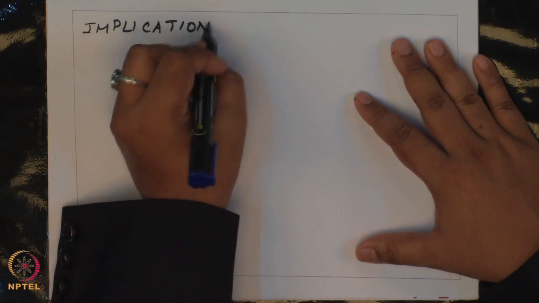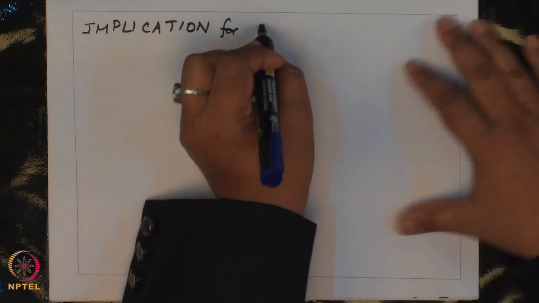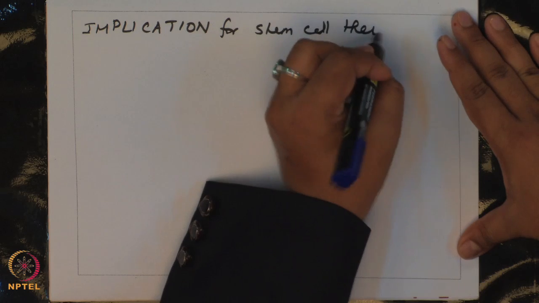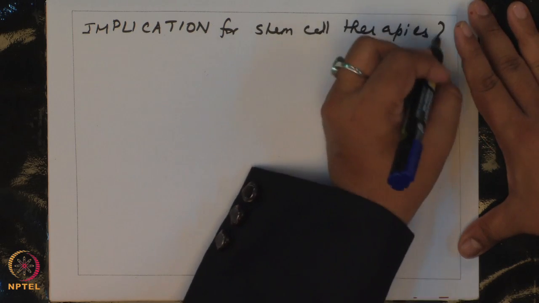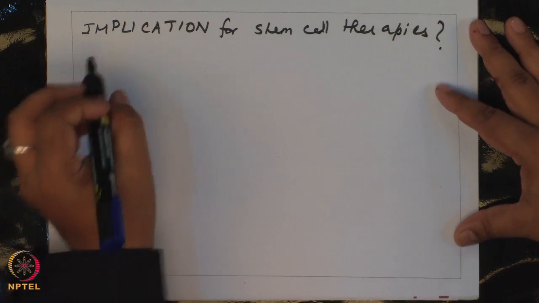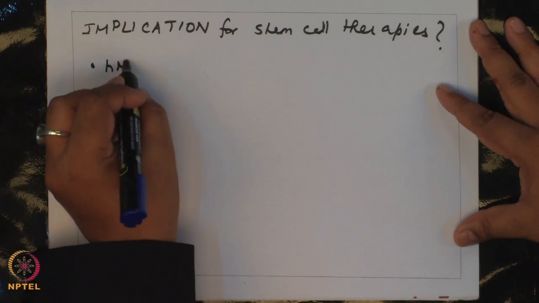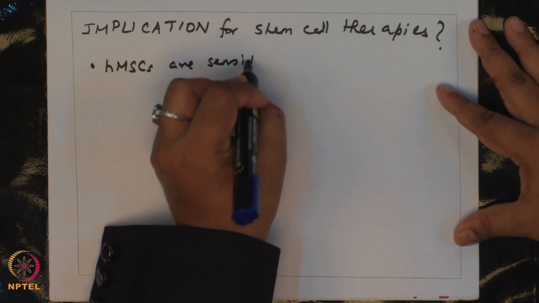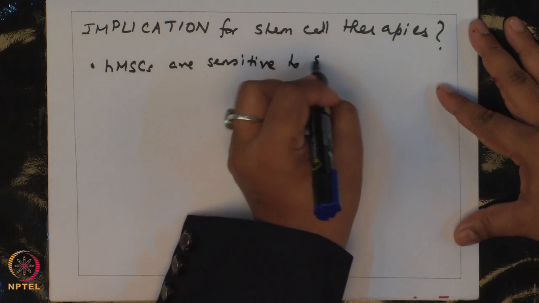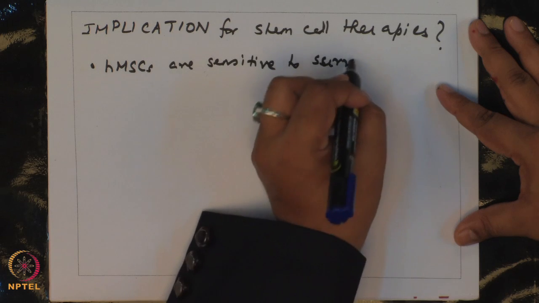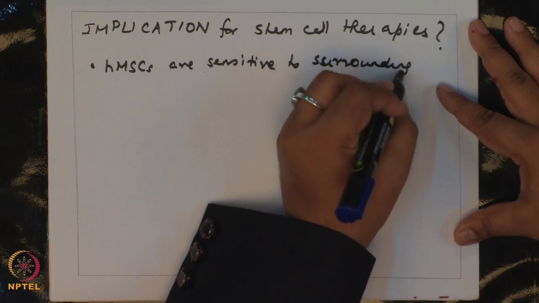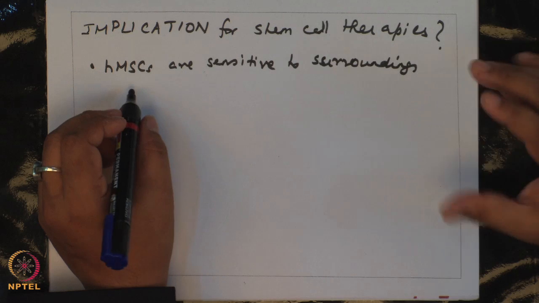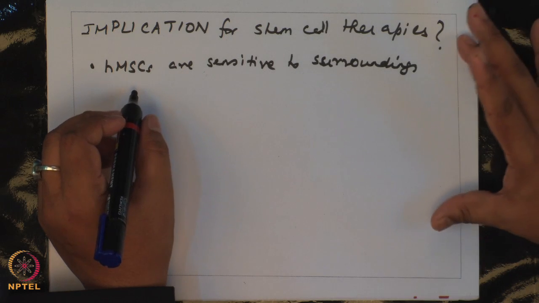What implication does this study have for stem cell therapies? First of all, if HMSCs are sensitive to their surroundings, then where you are injecting will have a dramatic effect on what the HMSCs differentiate into.